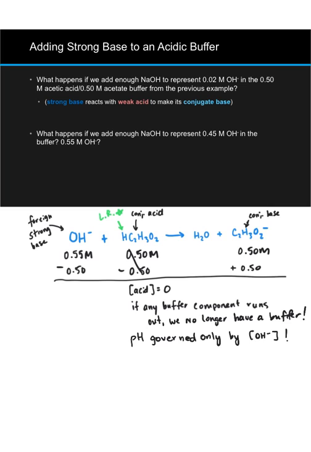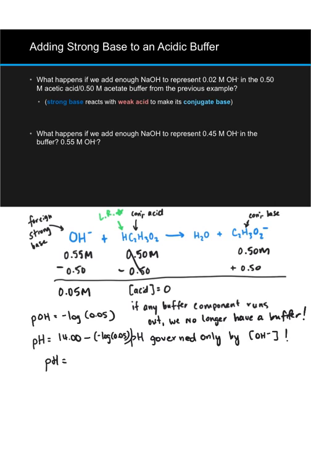How much hydroxide ion do we have left over? Well, we have 0.05 molar. We can calculate the pOH of a 0.05 molar solution of hydroxide ions and a pH by subtracting that from 14.